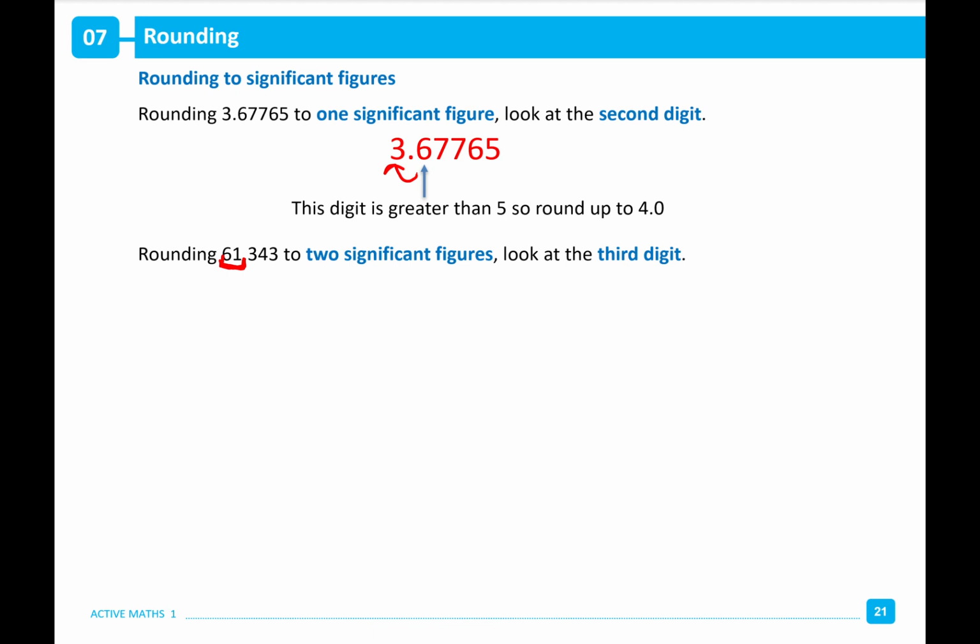We must look at the third digit to see whether we round up or round down. The third digit is less than 5, and therefore we round down. 61,343 is approximately 61,000, correct to two significant figures.